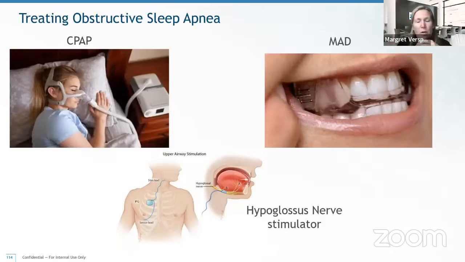In the Netherlands, it's still the most used device. Patients with moderate to severe apnea are mostly treated with CPAP. For milder sleep apnea, the mandibular device could be a good choice.